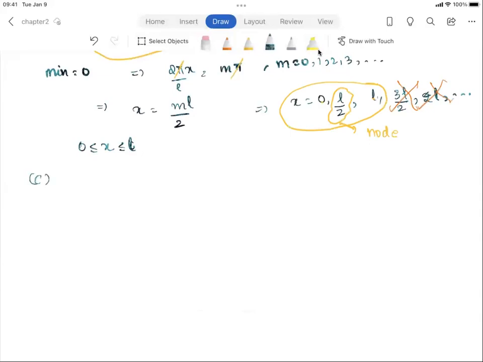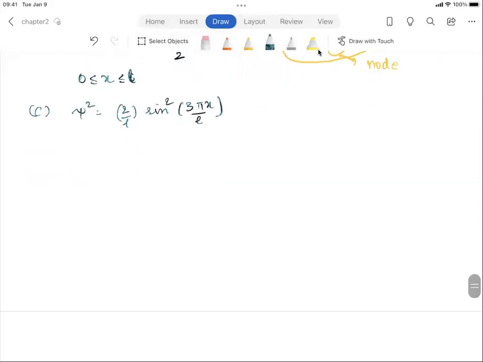Now, moving on to part C, where n is equal to 3, the wave function, the probability density is going to be 3 pi x over L here. The maximum value is going to be 1. That implies 3 pi x over L is going to be n pi over 2, with n being an odd number. Now, I am going to cancel out the pi.